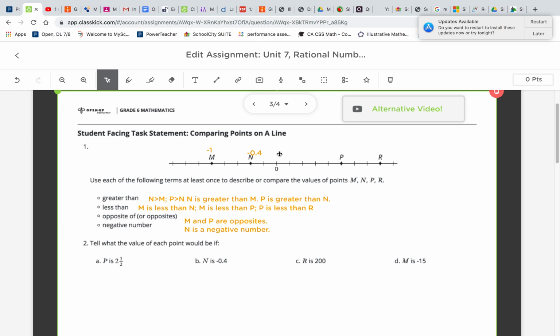And let's go ahead and use the reminder of what we knew before. If we know that m and p are opposites, if m is negative 1, that means p has to be positive 1. Okay, and now this is where it might definitely look tricky to you because you're thinking, wait, look at how many tick marks there are, and we're calling this 1? But if we say that each one is worth 2/10, then let's see how that works here.